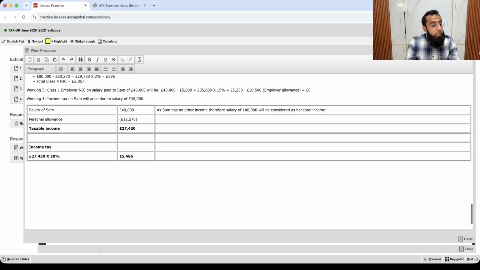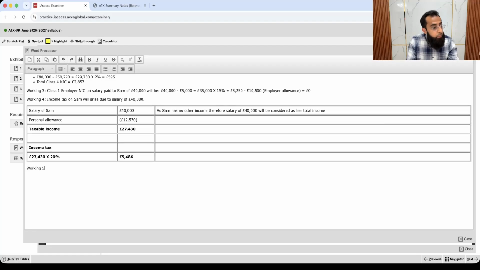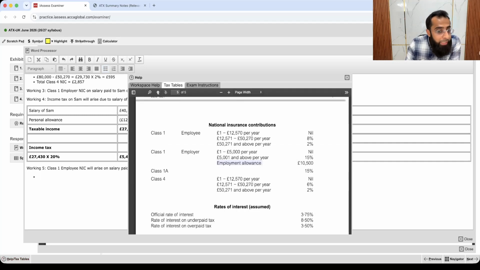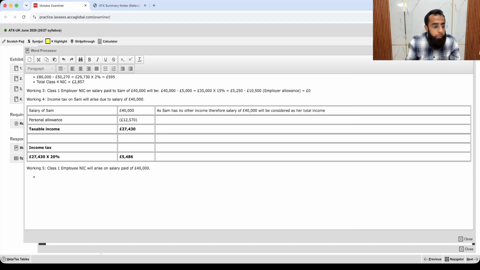Along with that, obviously, class 1 employee NIC will arise on salary paid of £40,000. Now, what is the class 1 employee NIC rate? Simply go to the tax tables. On first 12,570, it's 0%. Then till 50,270, the rate is 8%. Fair enough. 12,570 into 0% gives me £0.